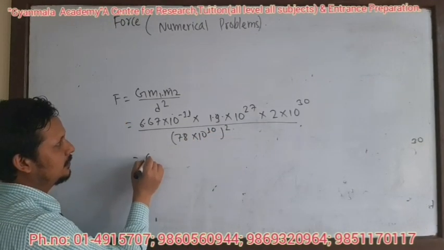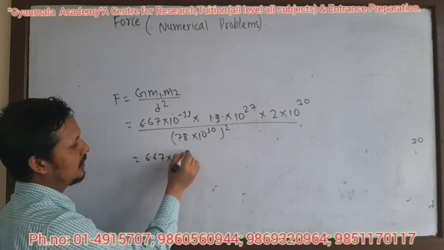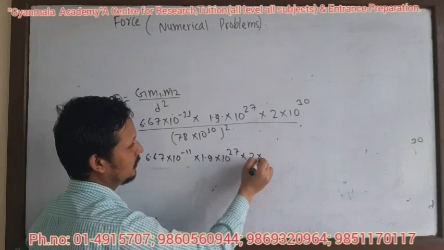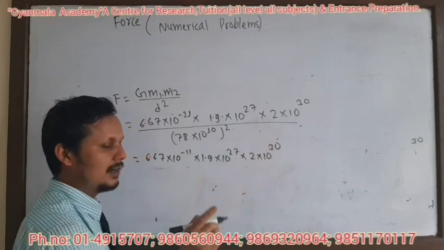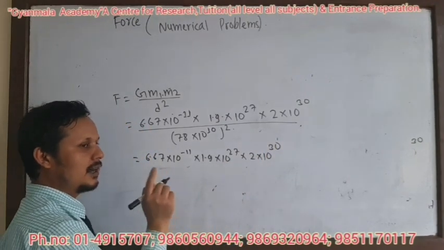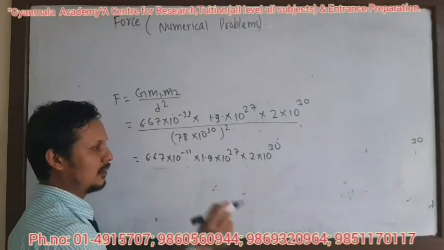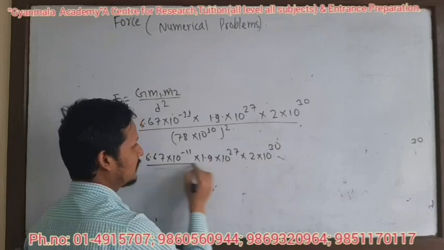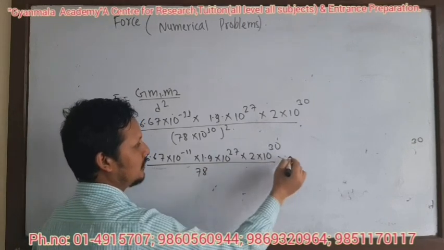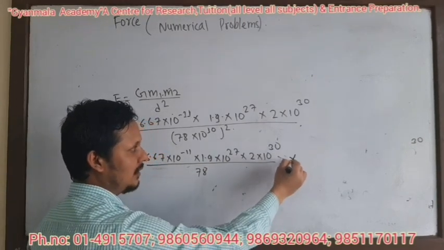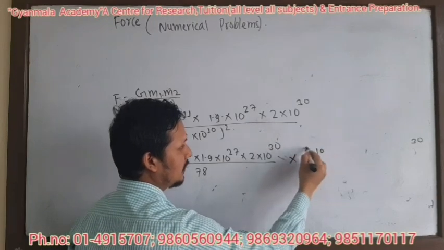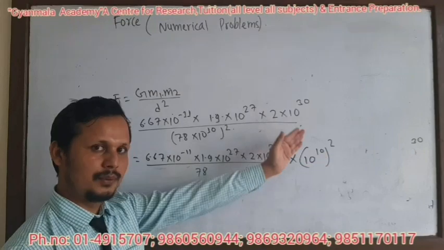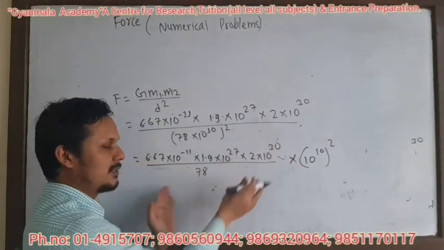If you write 6.67 into 10 to the power minus 11 and 1.9 into 10 to the power 27 and 2 into 10 to the power 30, and press the divide sign without putting the bracket, the calculator will understand it as divide by 78 only, and then multiply by 10 to the power 10 square. This 10 to the power 10 whole square will go up and multiply with the above expression.